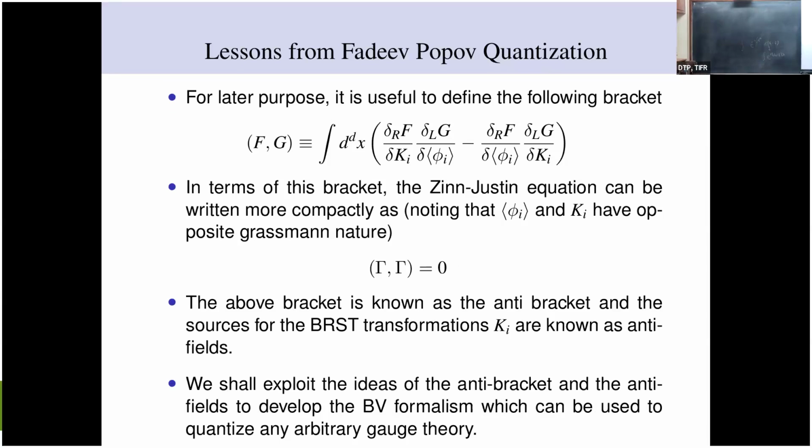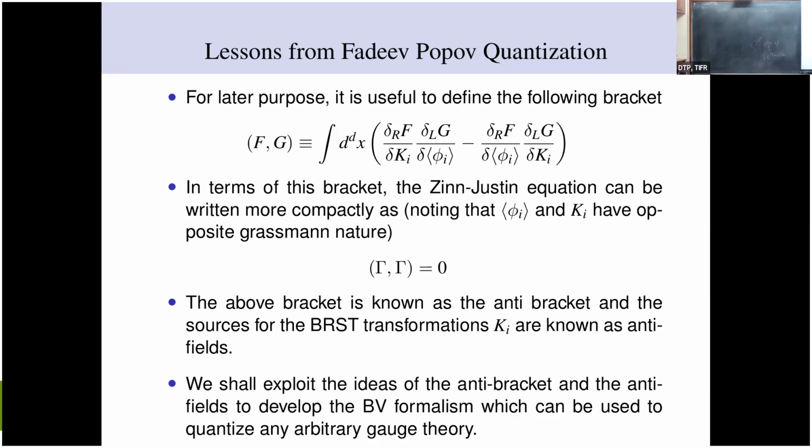That would give you a plus sign. Since gamma is Grassmann even, it works; if it were Grassmann odd, it would be 0. So this bracket is known as the anti-bracket, and the sources for the BRST transformation, K_i, are known as anti-fields.